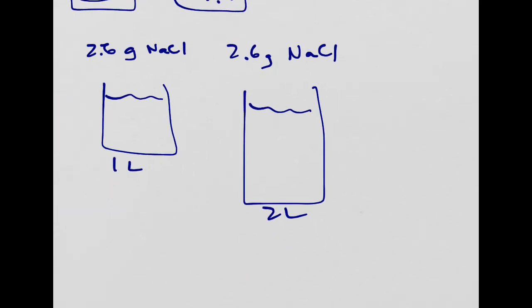Despite the fact that vessel A is going to be twice as concentrated as vessel B, in terms of the amount of sodium chloride that I actually put into each of the vessels, that's not different.